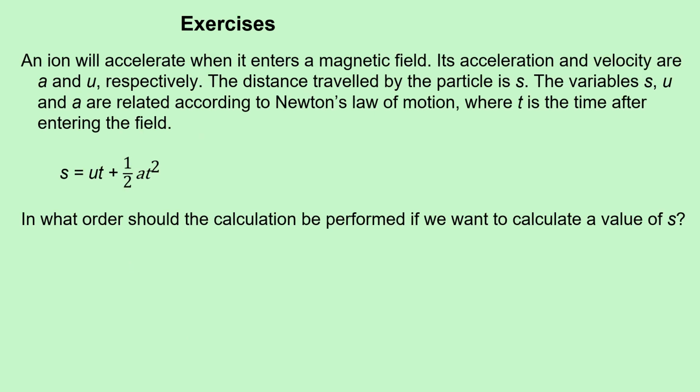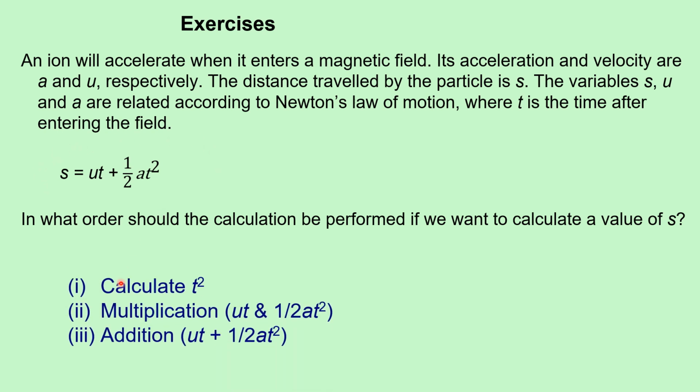Okay, try these examples. In this question, you are asked to show how you can solve this problem. If you can see here, S is equal to UT plus half AT power of 2. In what order should the calculation be performed if we want to calculate a value of S? The easier way, remember the word BODMAS.